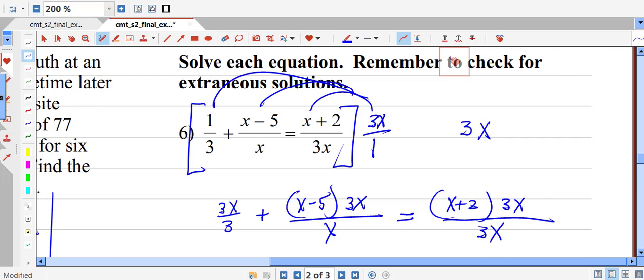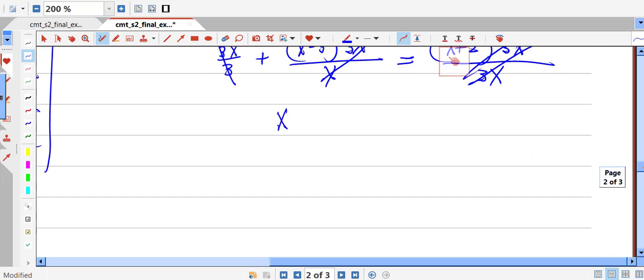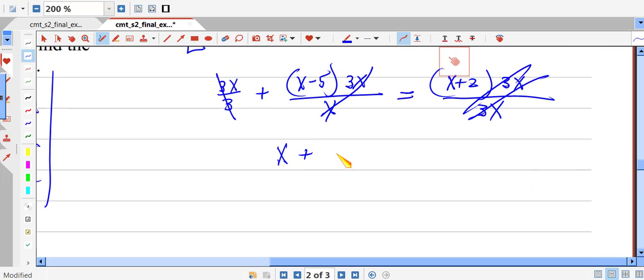When I distribute, I'm multiplying two fractions together for each term. Now I can simplify, and this just leaves me with x plus x minus 5 equals x plus 2. So that's 2x minus 5 equals x plus 2.